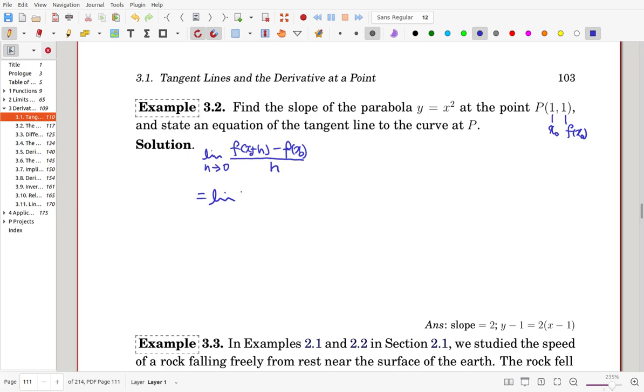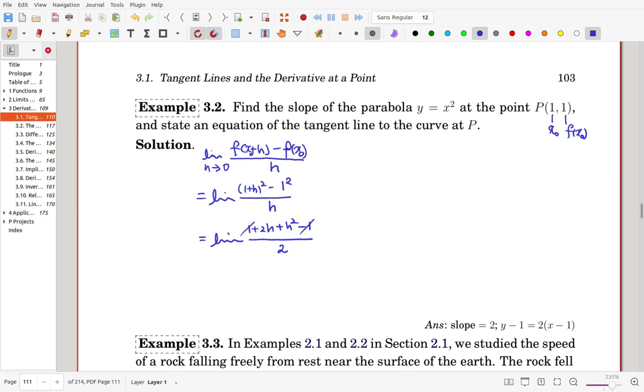Now f of x0 plus h, with x0 being 1, and f being x squared, so this is 1 plus h squared minus 1 squared, divided by h. That is now the limit of 1 plus 2h plus h squared minus 1, divided by h, and the 1 and minus 1 will be cancelled.